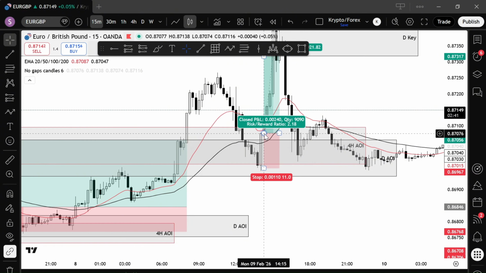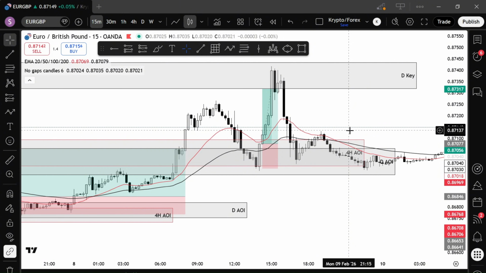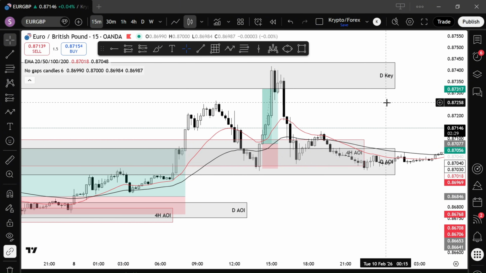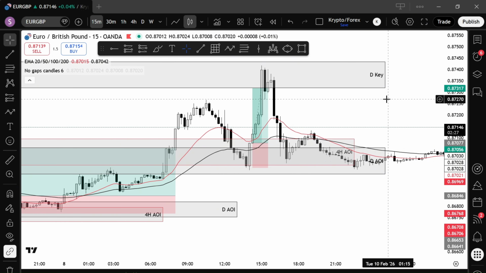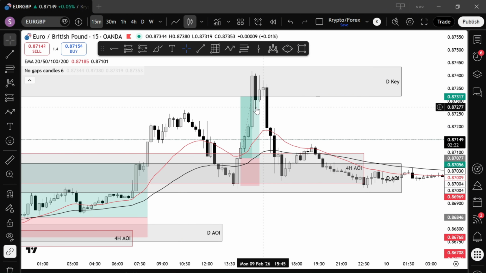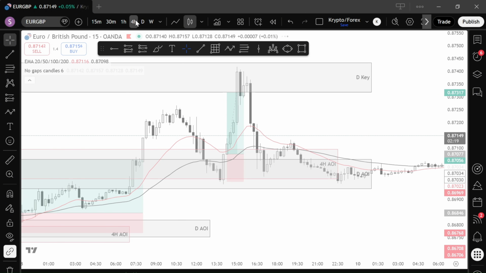So I entered directly after the engulfing, set my stop loss under this structure area, and targeted a really high probability rejection area. It's a strong rejection area. As you can see, we came in and rejected right after that. So that would have been the trade that I took on Euro GBP.